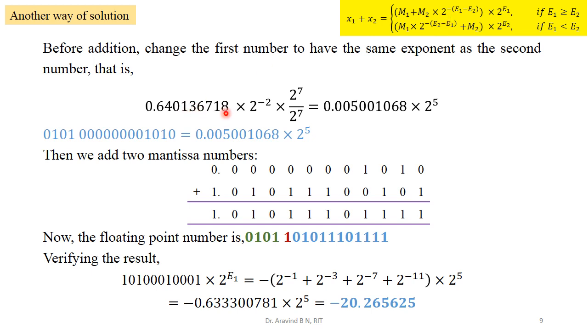We have the value of x1, and in x2 the exponential value is equal to 5. Try to make the exponential value of x1 such that e1 as well as e2 become equal.